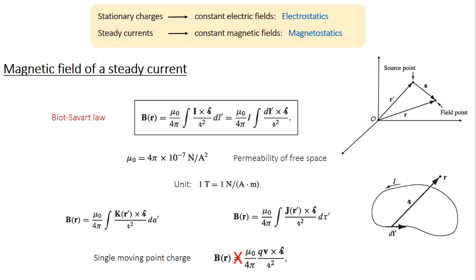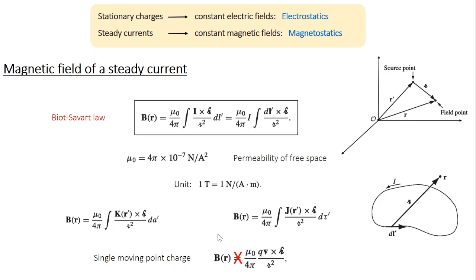Since I have a single charge, charge density is the same as charge. So I can write the current as Q times V cross r cap divided by r square. Since you are dealing with a single charge, there is no point in integrating, so you can get rid of the integral here. This is the definition according to Biot-Savart law.